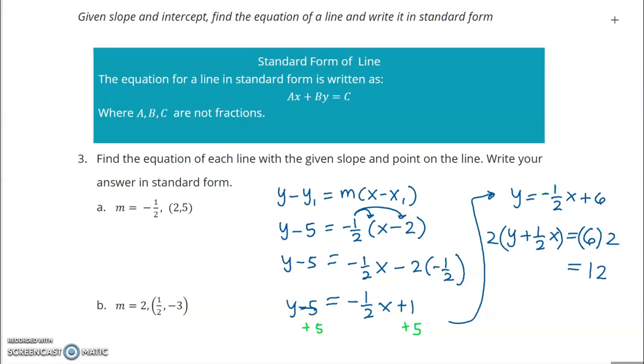And then this one, I'll distribute. That is equal to 2y plus, then you have here 2 times 1/2, which is equal to 1. So therefore, we have 2y plus x is equal to 12. So 2y plus x is equal to 12 as the equation of the line in standard form.